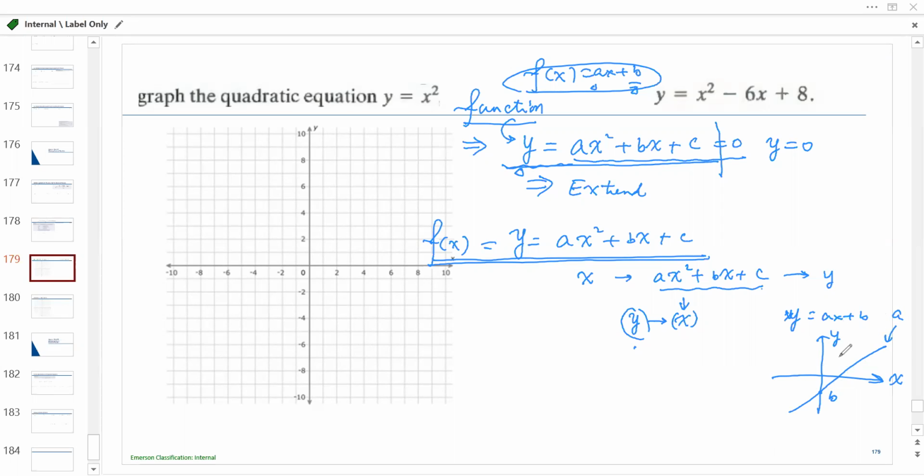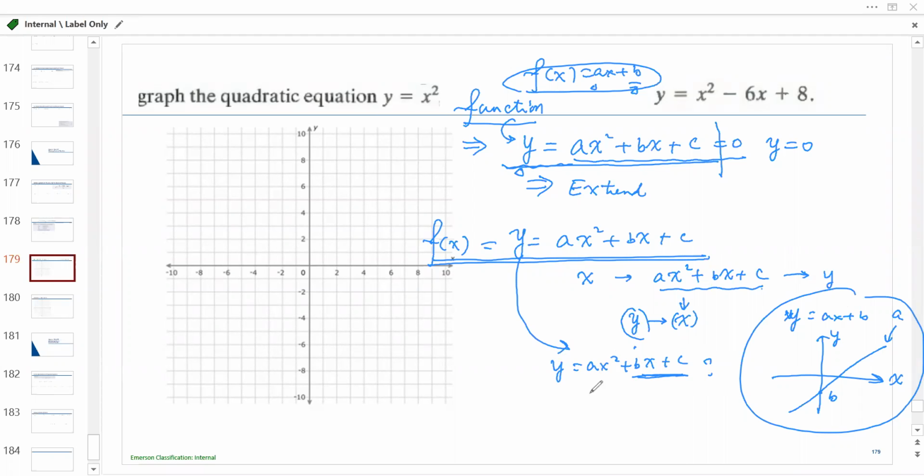You guys know this one, right? Definitely much better than this one. But what about this case? What about y equals ax squared plus bx plus c? Earlier, we only learned the linear part. Right now, we go to a higher level. What is this one?